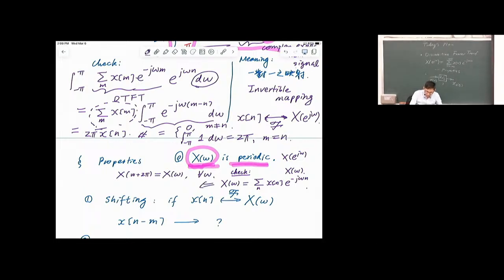Therefore, when we evaluate the spectrum at omega plus 2 pi, what do we have? That's the question. Still we have the sum, and x[n], just copy it, e to the minus j, now we have omega plus 2 pi, times n.